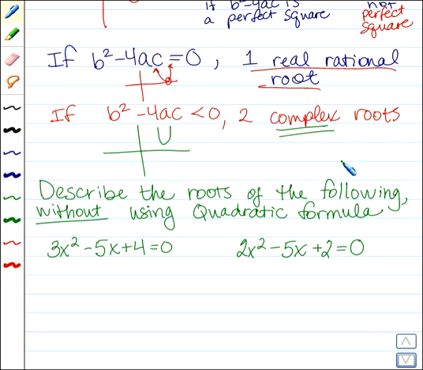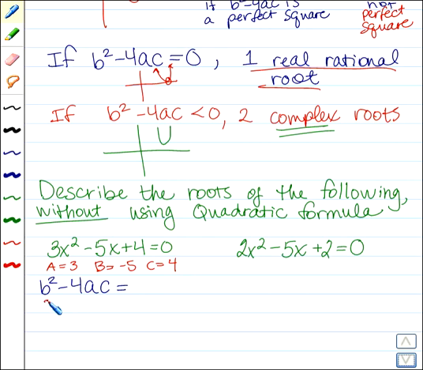Okay, so the type of problem you might see having to do with the discriminant would be something like this. Describe the roots of the following without using the quadratic formula. So that means you're going to find the discriminant, which is b squared minus 4ac. And we're going to see whether it's greater than 0, less than 0, or equal to 0. So let's find all of our letters. Here, a is 3, b is negative 5, and c is 4.